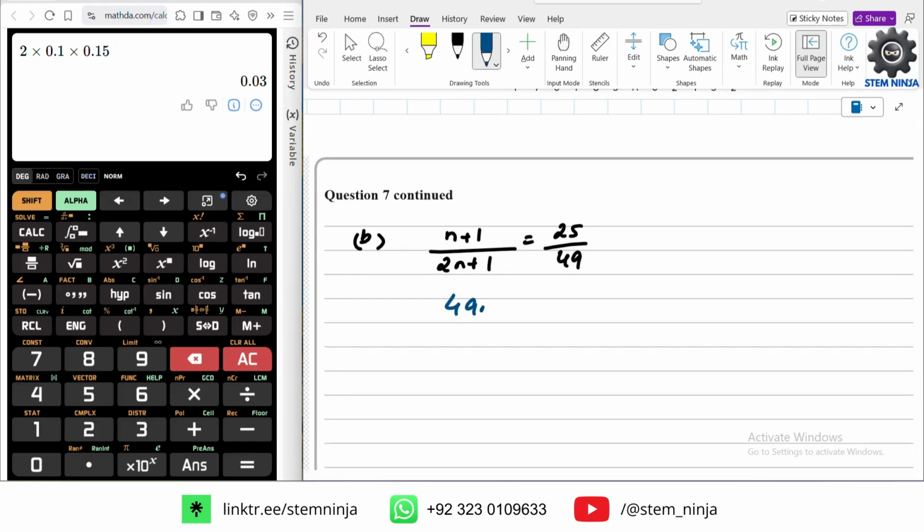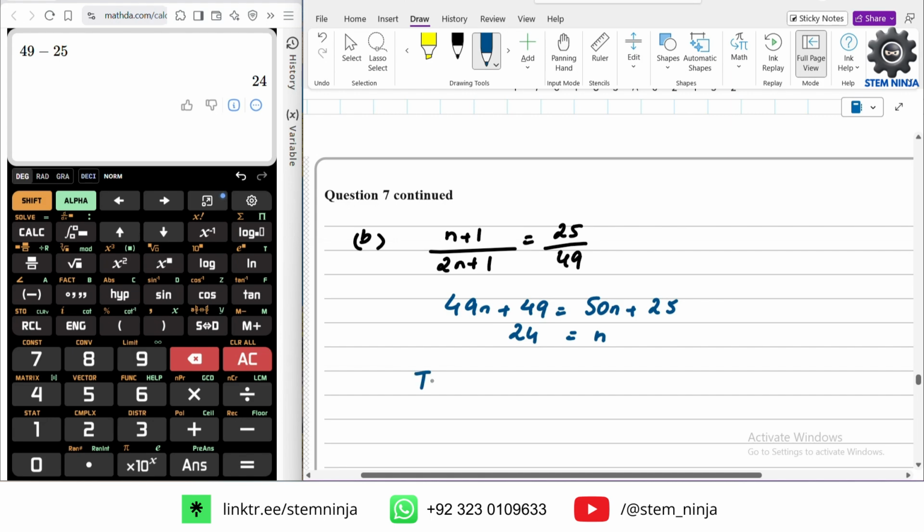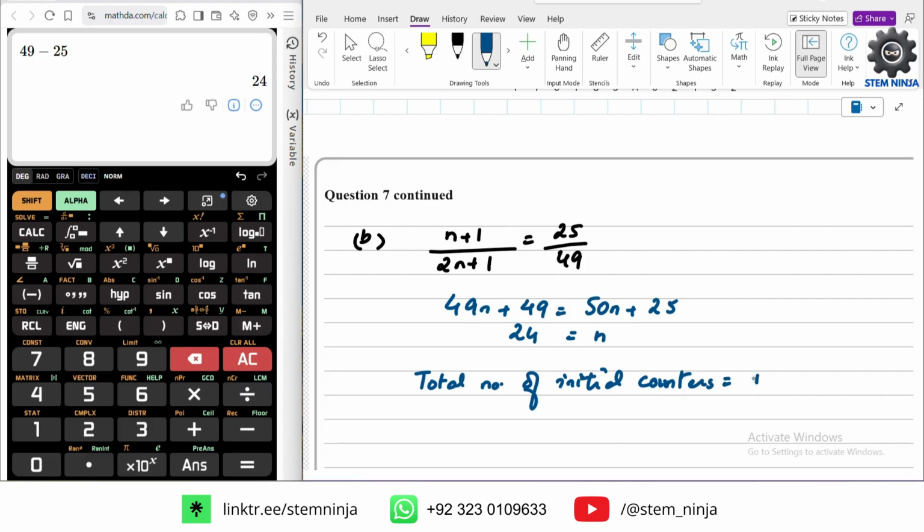So 49n plus 49 equals 25 times 2n, that is 50n plus 25. So this would be n equals 49 minus 25, 24. So therefore the total number of initial counters is equal to 2n plus 1, so 2 times 24 plus 1, so 48 plus 1, 49.